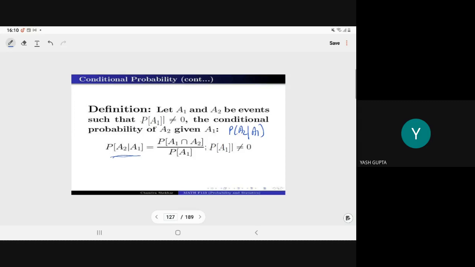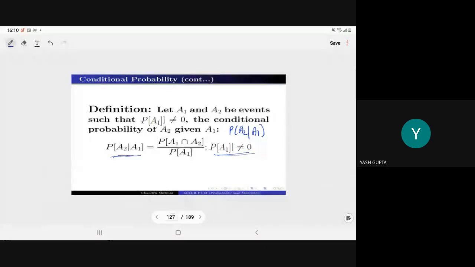It is the ratio of unconditional probabilities, where the numerator has the probability of A1 intersection A2 and the denominator has the probability of A1. Here the probability of A1 must not equal 0, because when we are dividing it must be non-zero.